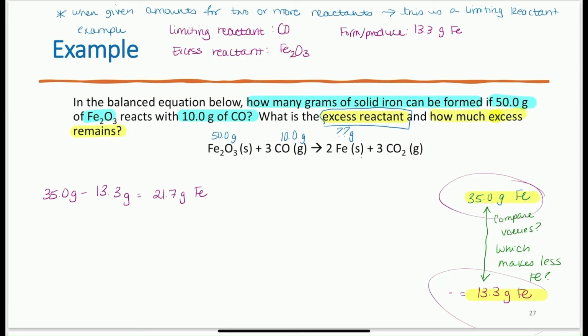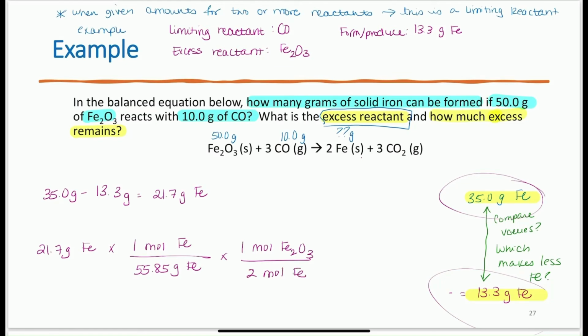But I need to know how much that is in iron 3 oxide, not iron. So I take that value, 21.7 grams of iron, convert that back to moles of iron, convert that to moles of iron oxide, and convert that to grams of iron oxide.